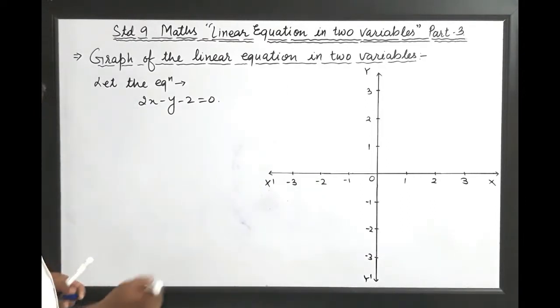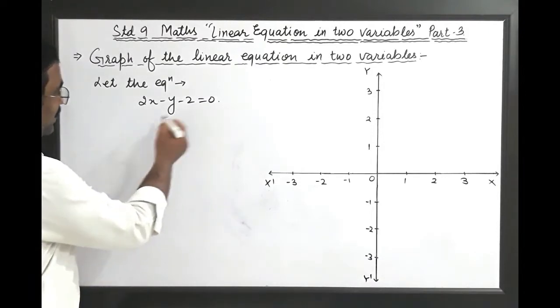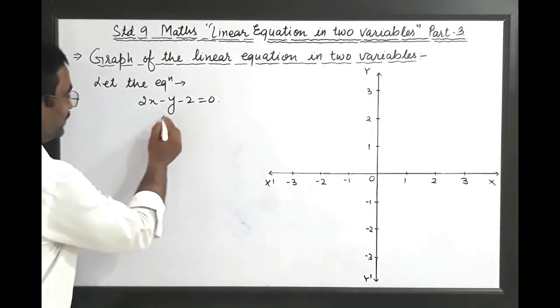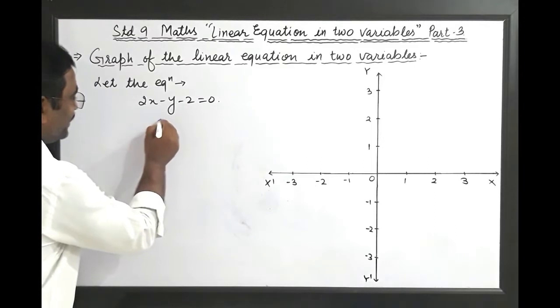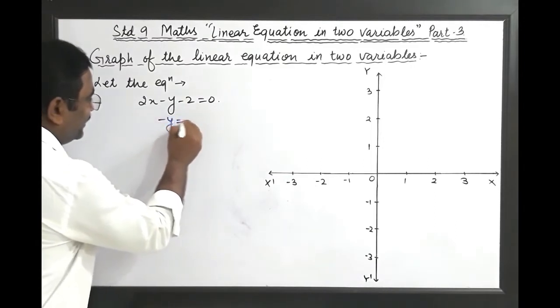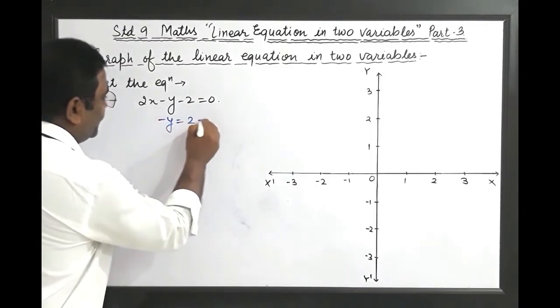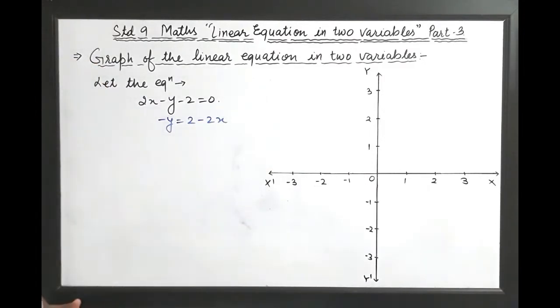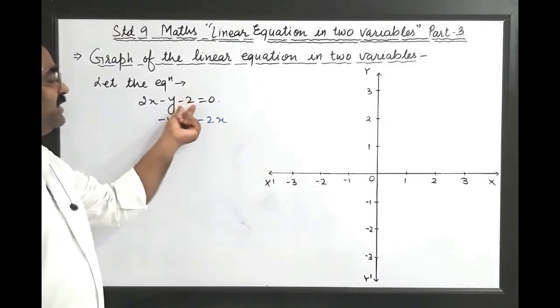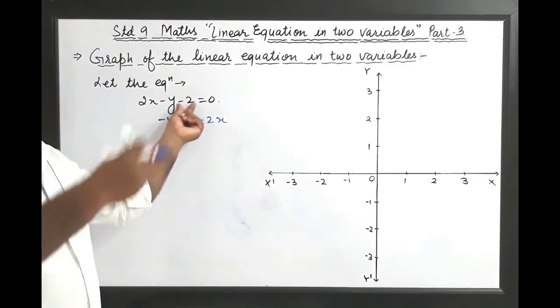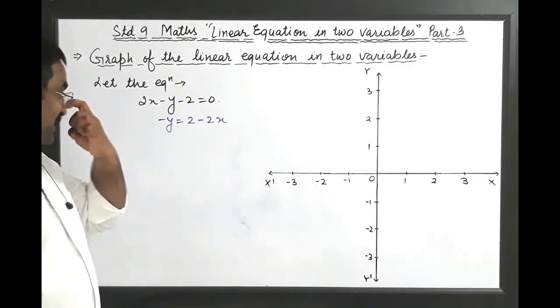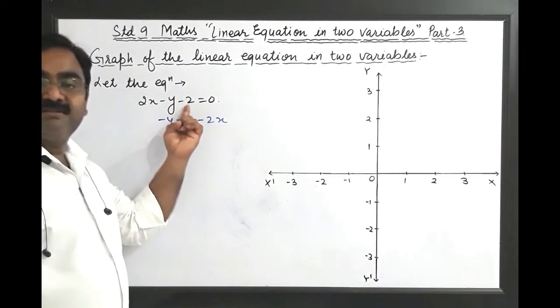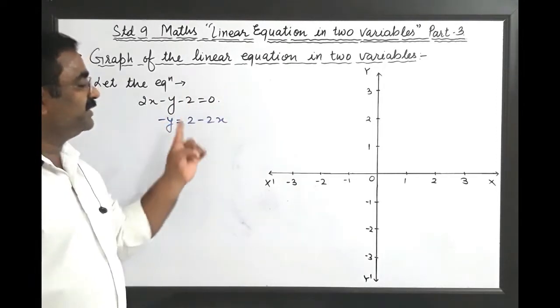So solving this equation, you will get minus y equals to 2 minus 2x. Is it right? हमने क्या किया बेटा? This minus 2, transpose it to the right side. So here its sign was minus, there it becomes plus.